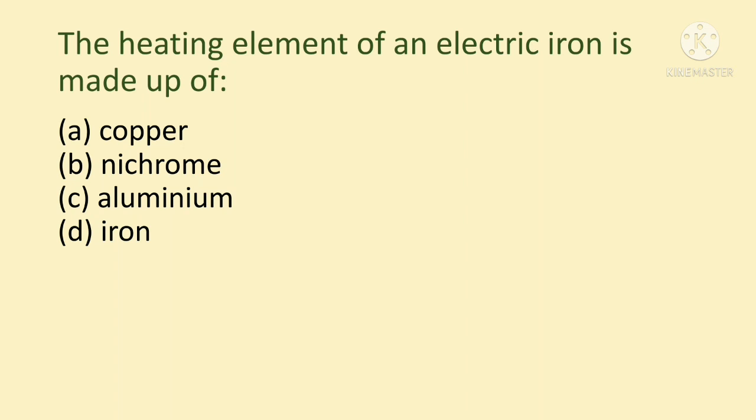Iron first of all is not used in the electrical circuits as a wire, but aluminum is used, copper is used. They are good conductors. But nichrome is a bad conductor of electric current. That means its resistance is higher than the given metals. So that is why nichrome is used in such devices. The option B is the correct answer.